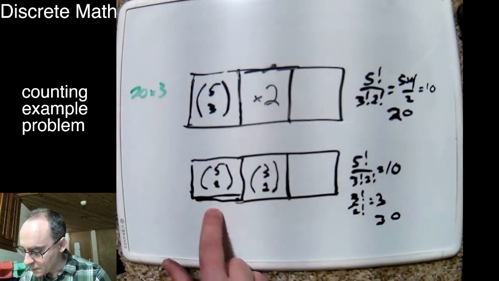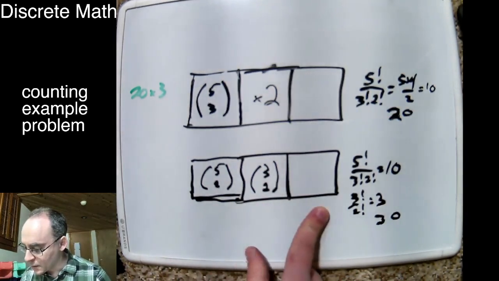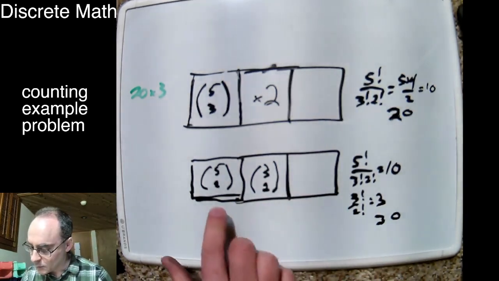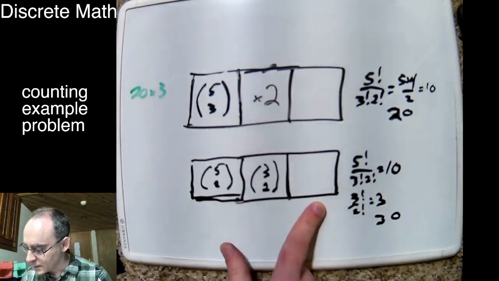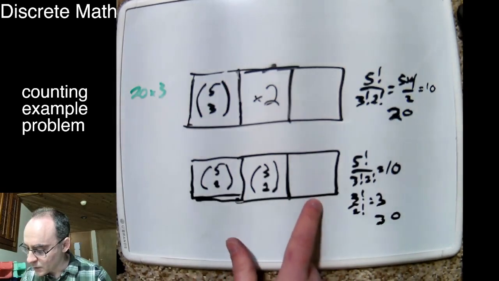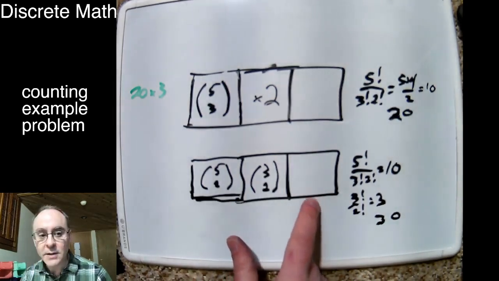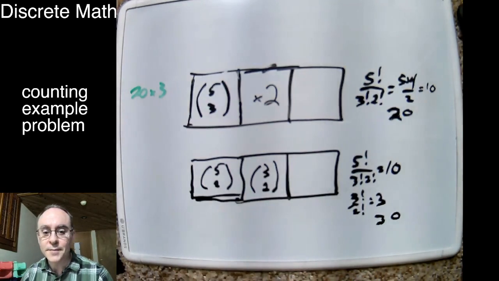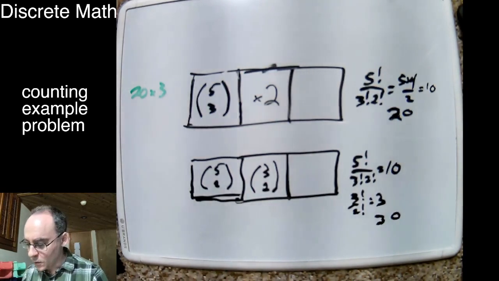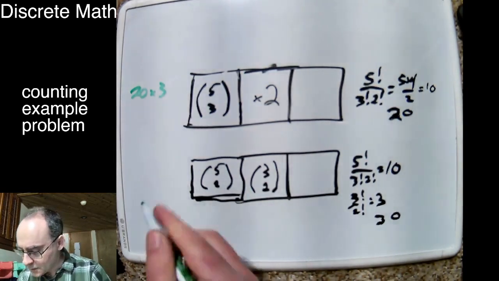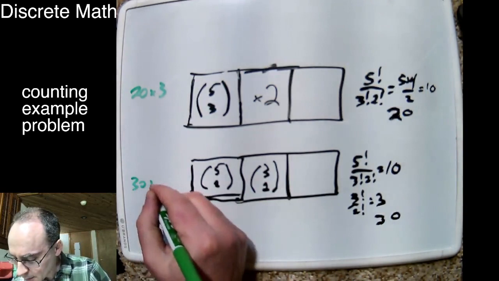But again, we've got 2 things in one box, 2 things in another box, and 1 thing in the remaining box. And so we've got 3 possibilities again, because we could have the box with 1 object be the final box, or the middle box, or the first box. And so that's also 30 times 3.